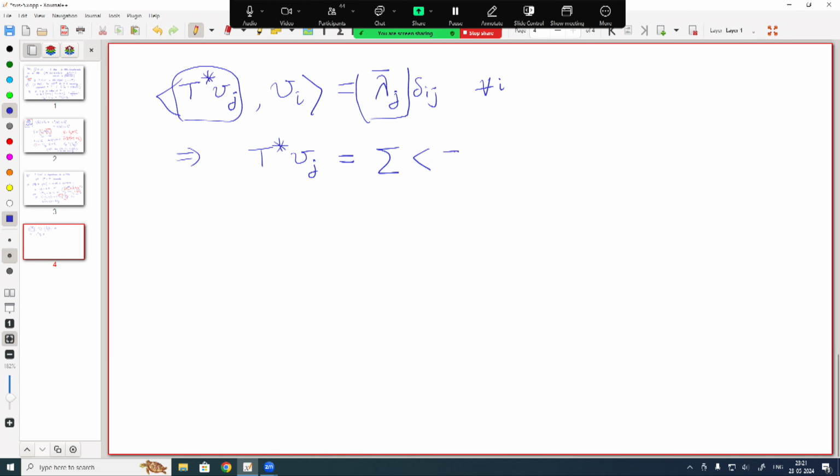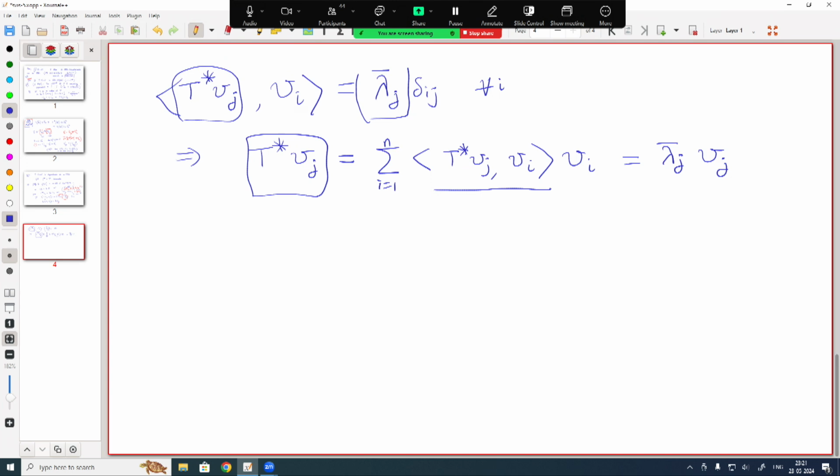We know the expansion: when I have an orthonormal basis, any vector can be written in terms of the orthonormal basis like this. These are the coordinates, and I know the coordinates. Only one coordinate is non-zero, which is lambda j bar for Vj.